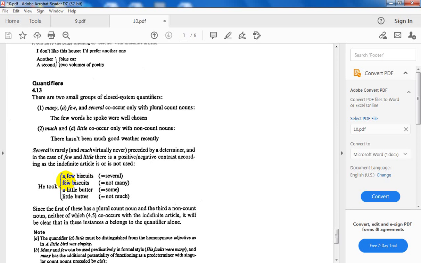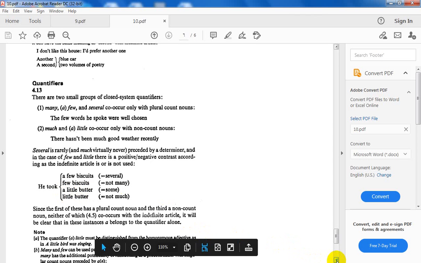So a few biscuits, and the same case with a little better. Better is a non-count noun, and a non-count noun cannot be used with the indefinite article. So this is the idea: a little is just a part of the quantifier, concerning whether it gives a positive or negative meaning. This is the end of our lecture today.